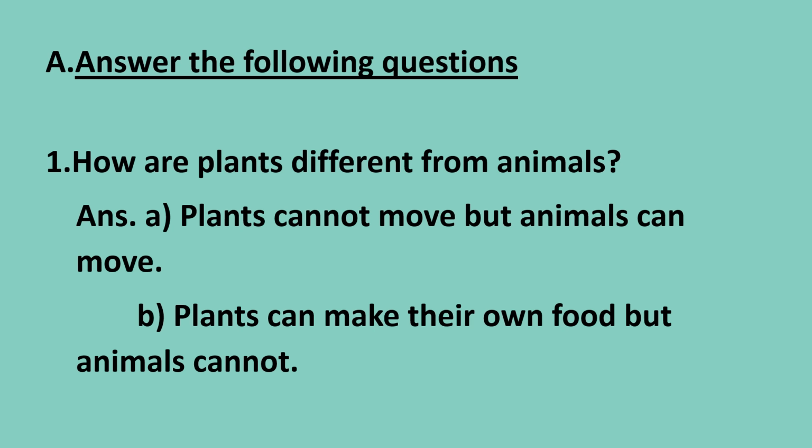They make their food with the help of sunlight, chlorophyll, and carbon dioxide. But animals cannot make their food on their own. Animals depend on plants directly or indirectly for their food.